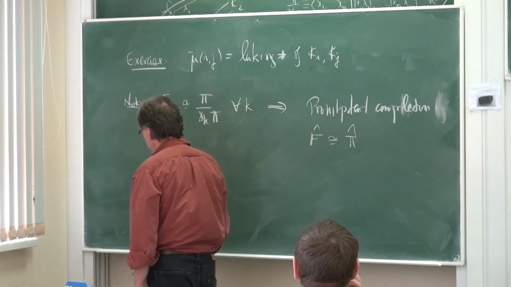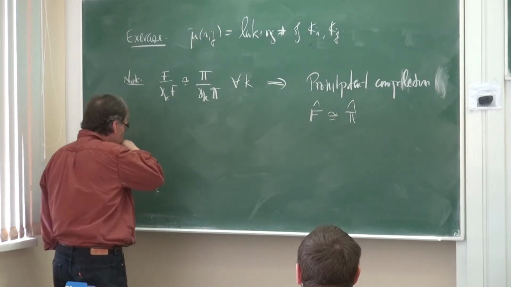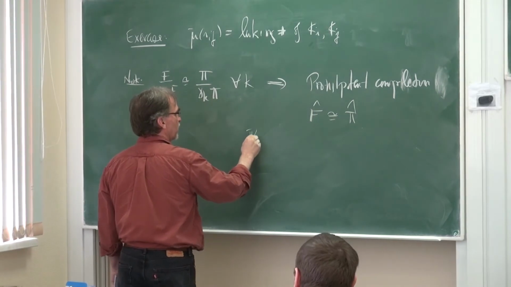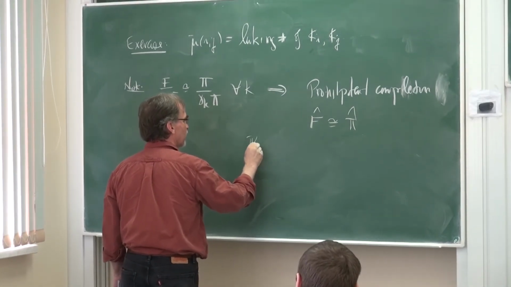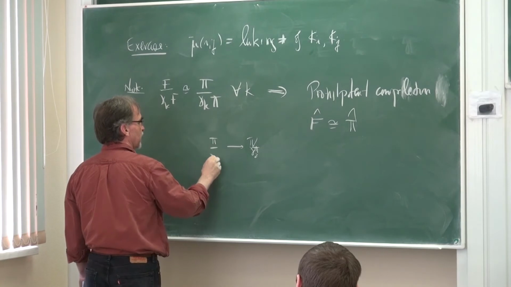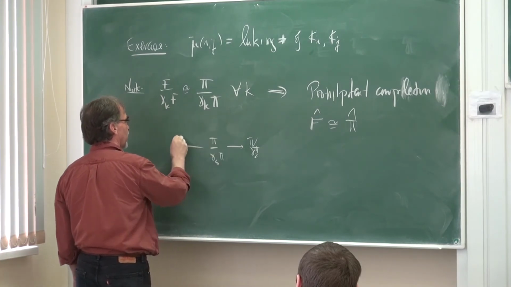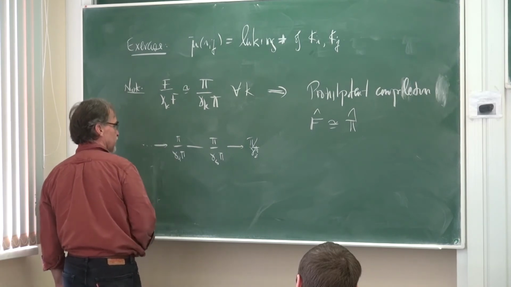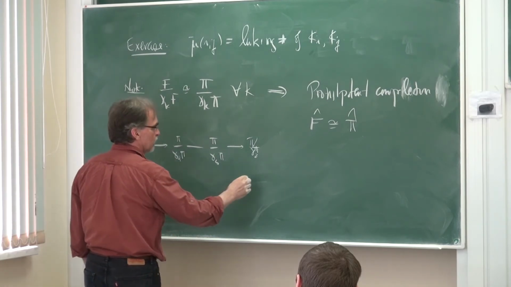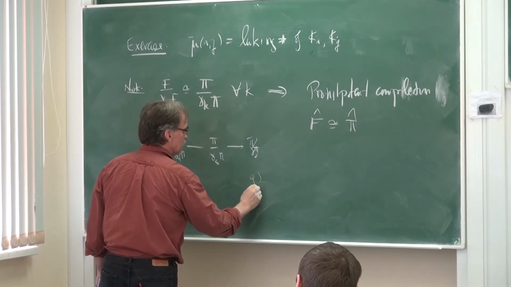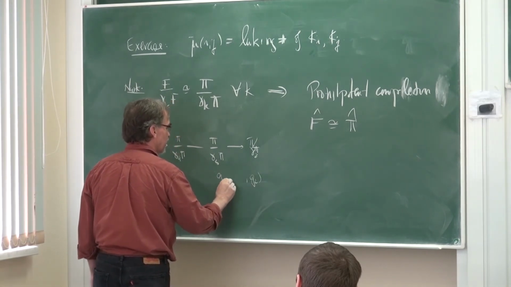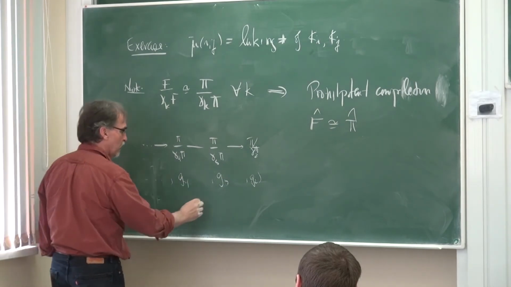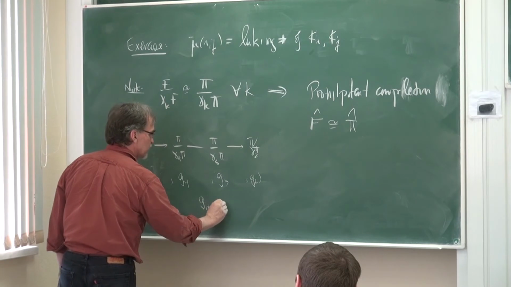So what is the pro-nilpotent completion? Well, I have this tower of groups: pi mod gamma 2 of pi, pi mod gamma 3 of pi, pi mod gamma 4 of pi, and I can keep on going down like this. I can take elements G2, G3, G4, all the way up through the entire tower, with the property that G(i+1) goes to G(i).